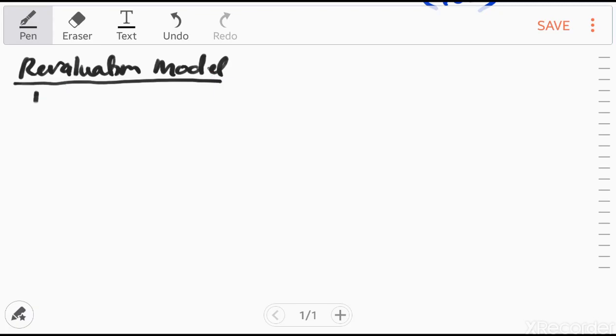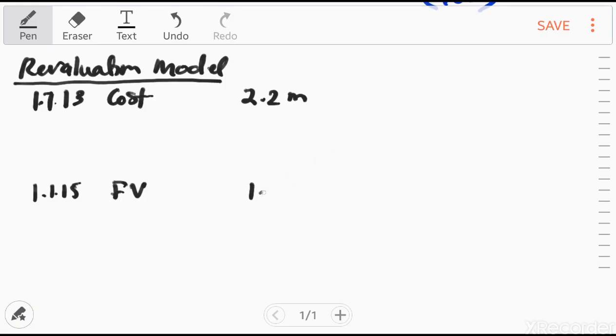And on 1st of July 2013, the cost, if you look in the question, was 2.2 million. And the revaluation took place on 1st of January 2015, the fair value is 1.8. So we want to see whether there is a surplus or a deficit.